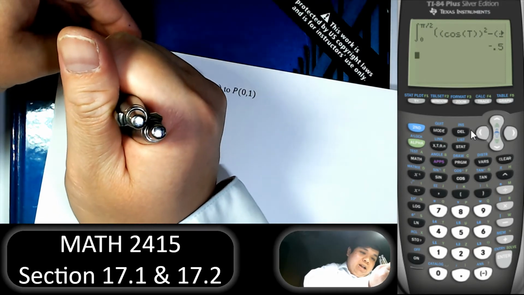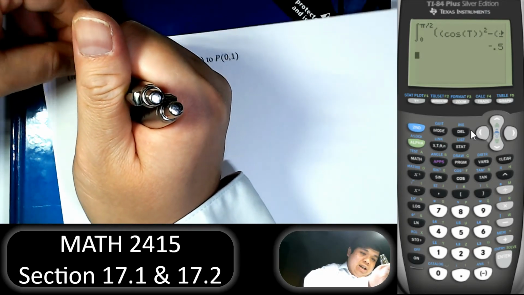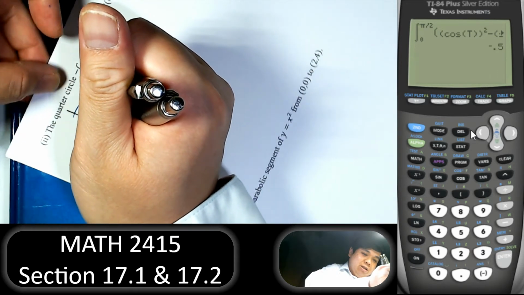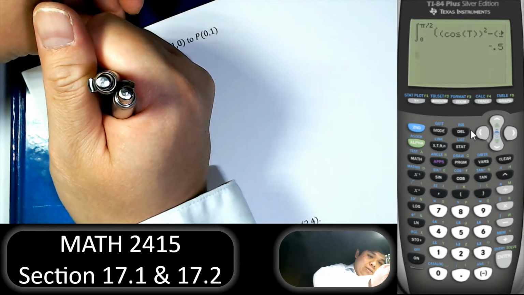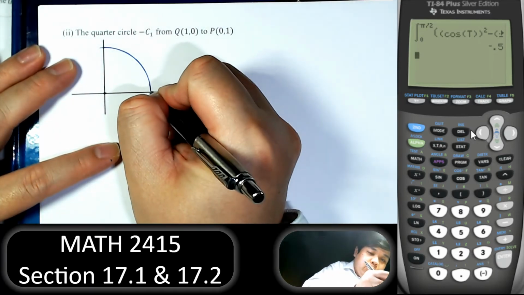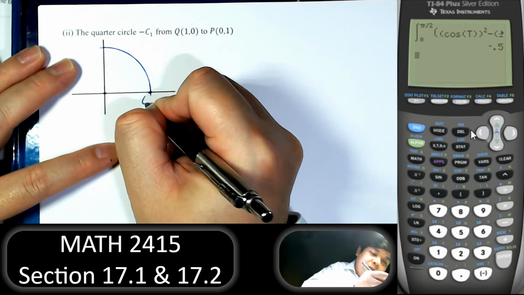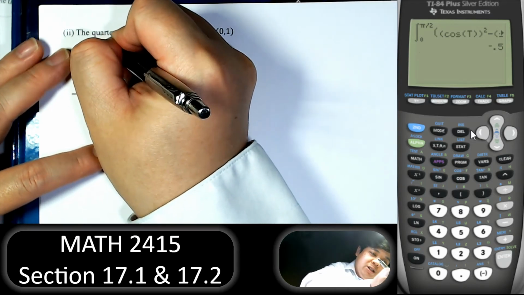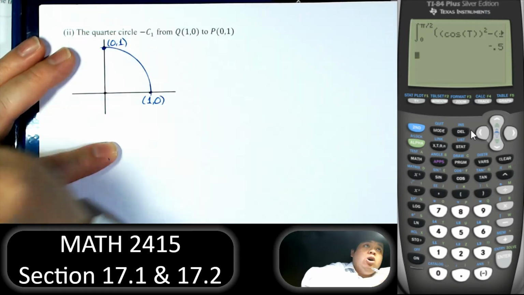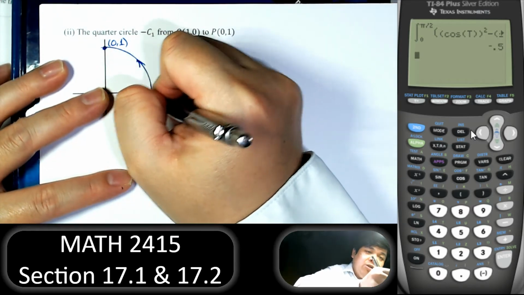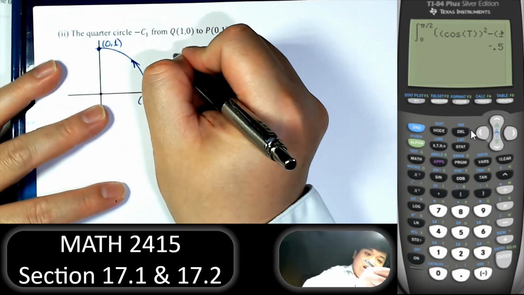Rotate the paper, never rotate the hand. Just rotate the paper. So we go from the point 1, 0 to the point 0, 1. So that's good, right? This is counterclockwise, starting from 1, 0. So this is standard.